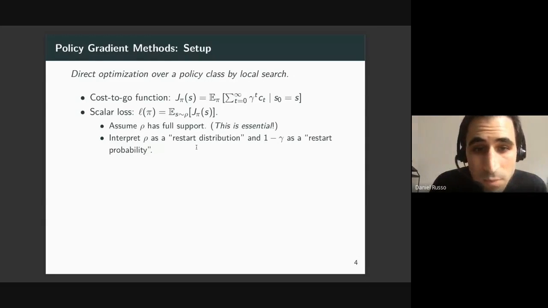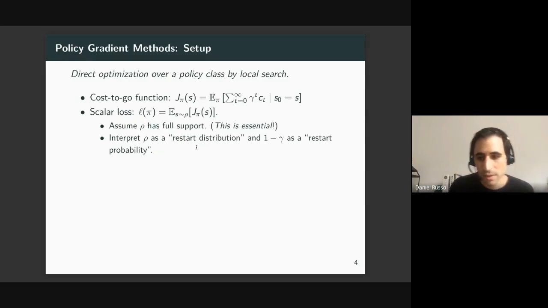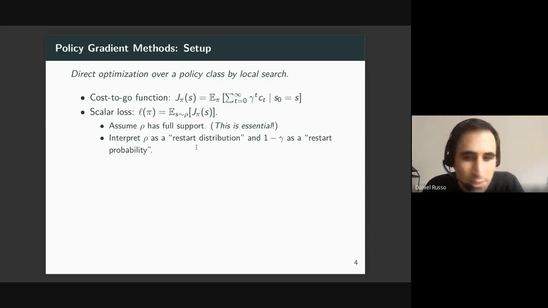Good. So if you don't have full support, I guess I won't go into this in detail, but basically policy gradient methods, even if you use a stochastic policy, they don't perform intelligent exploration.